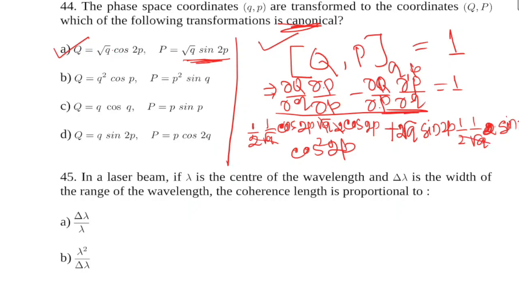So 2 square root of q and 2 square root of q cancel. Sin 2p times sin 2p will be plus sin square 2p. So cos square theta plus sin square theta is 1. So option A is satisfying the Poisson bracket with value 1, so this will be the canonical transformation.